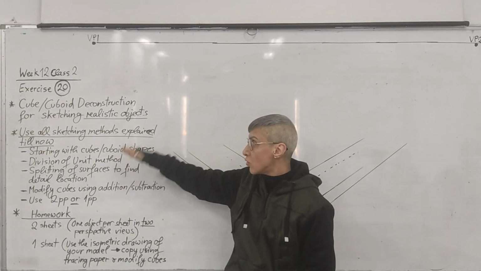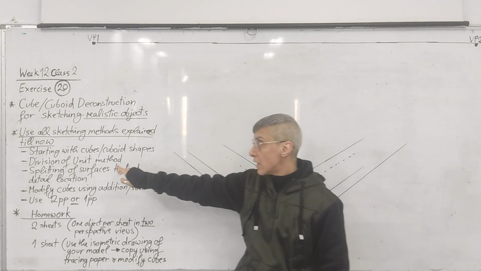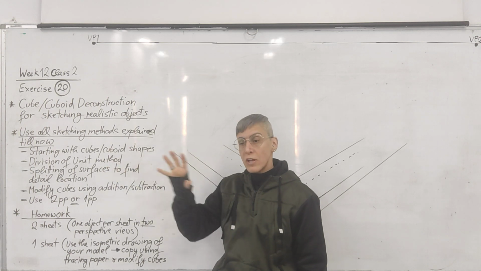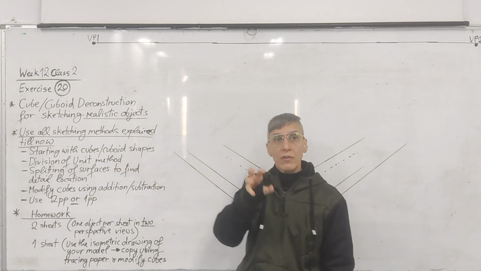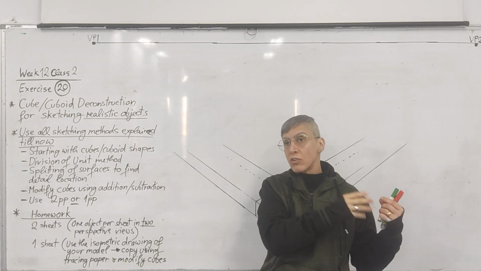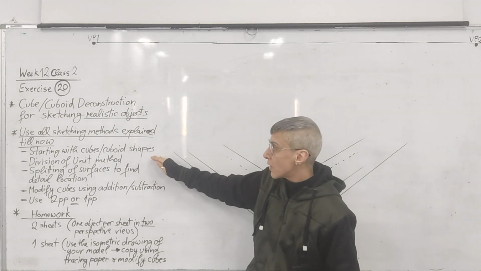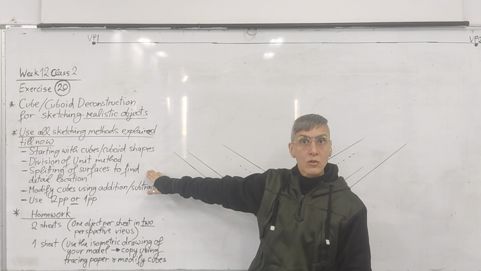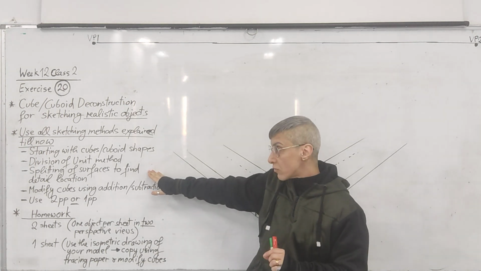So we will start with cubes, cuboid shapes, as I said. We will use the division of the unit method, the method that you start with one unit and then you divide it and see where the location of another unit is in space. We will use splitting of surfaces to find location for details.